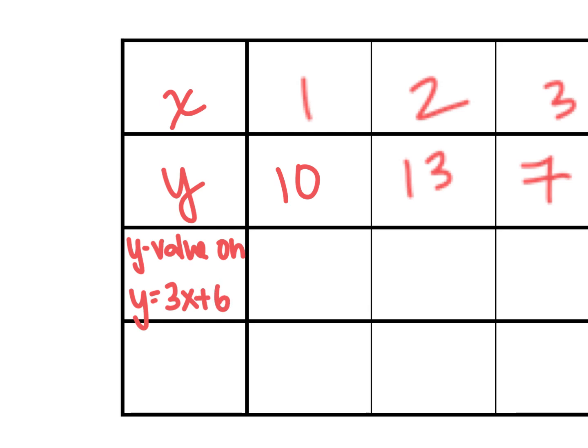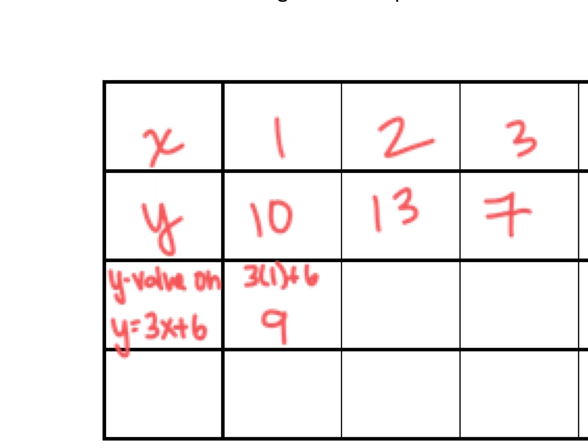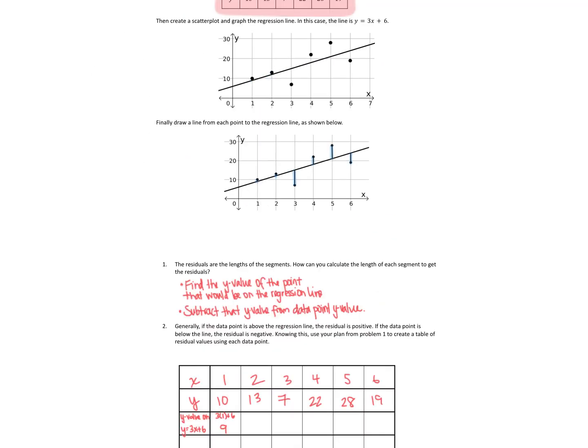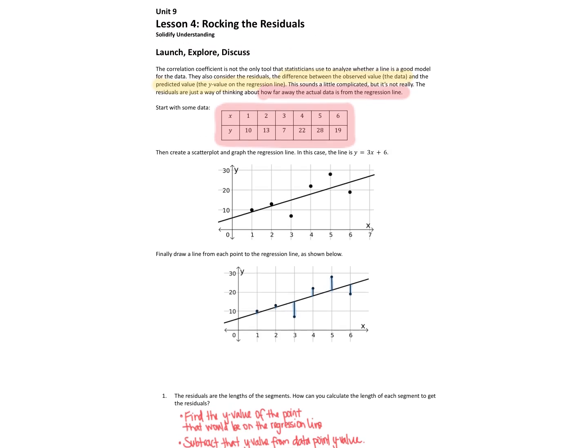Okay, and in order to find that, I'm going to take each of the x values, those do not change, and I'm going to plug them into the equation y equals 3x plus 6. So my first y value on that regression line is going to be 3 times 1 plus 6, so it's going to be 9. Okay, and I'm going to go really quickly to the previous page and show you where that would be located.